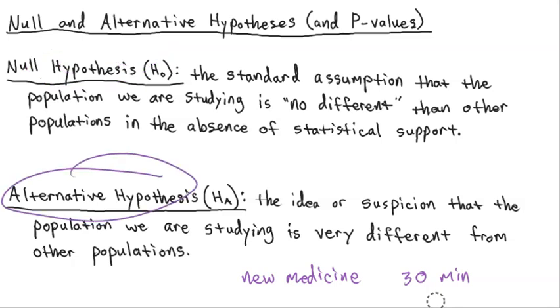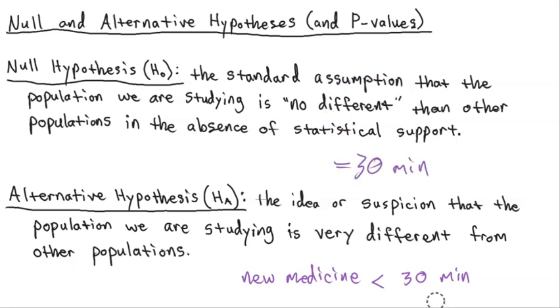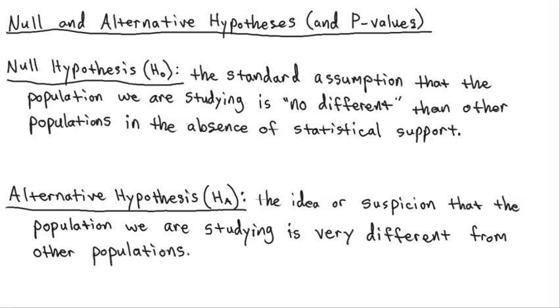So this is an alternative hypothesis. They suspect that their new medicine can make a headache go away in less than 30 minutes. And so the null hypothesis would be equals 30 minutes, while the alternative hypothesis would be less than 30 minutes.